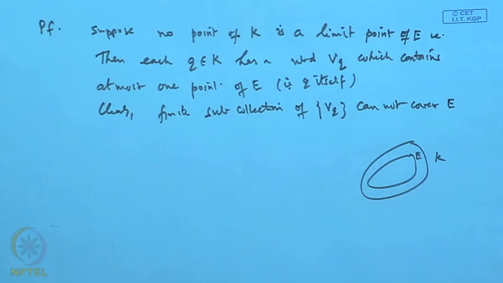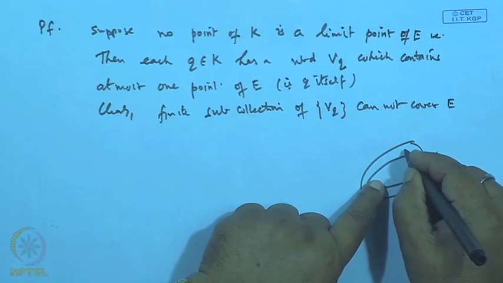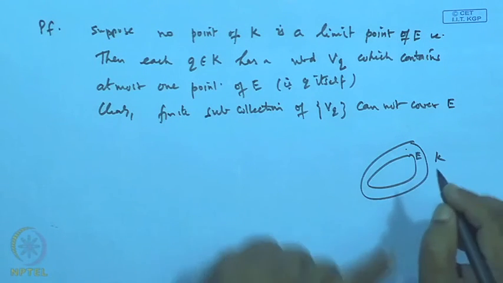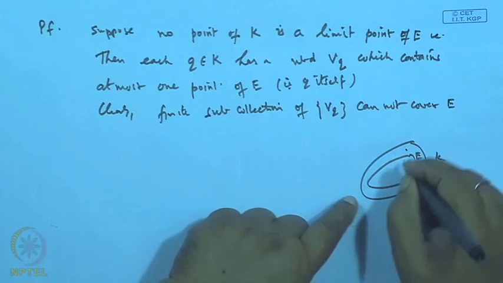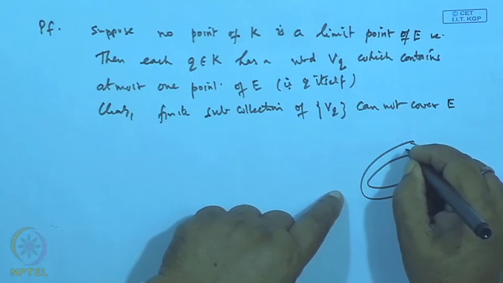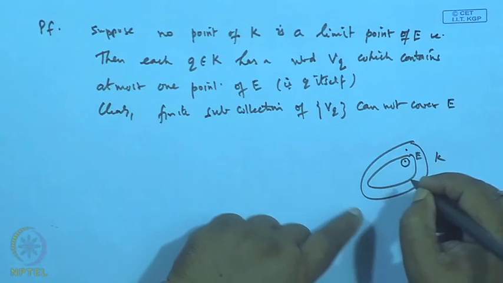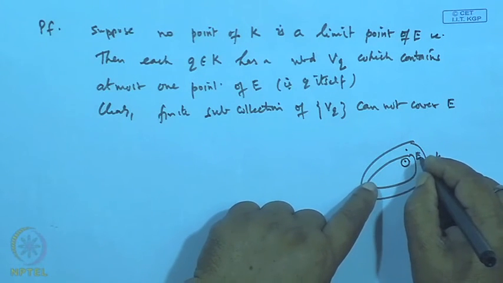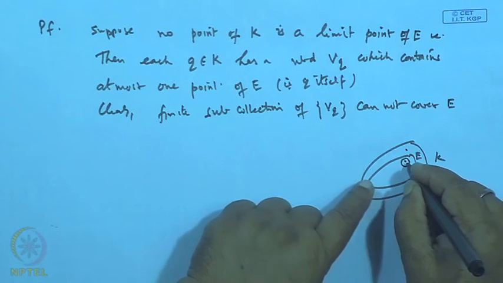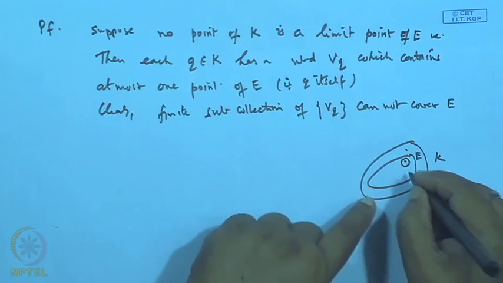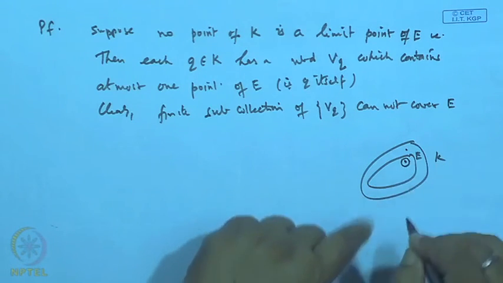What we are assuming is that no point of K is a limit point of E. So if I take a Q here, then this neighborhood of Q will not include the other points of E, because Q is not a limit point, so at most it will contain only that point.